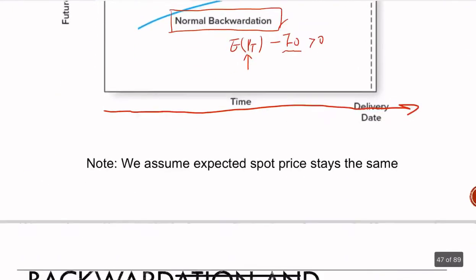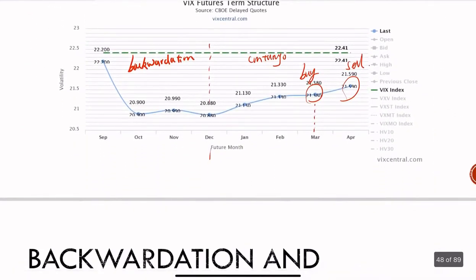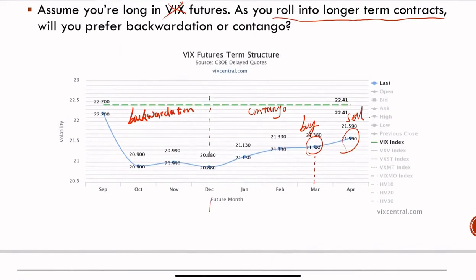Because this picture is different from this picture. So I would recommend you to maybe spend some time to think about this because in the future, if one day you will invest in more complicated financial products which invest in futures, this backwardation and contango is actually very important.